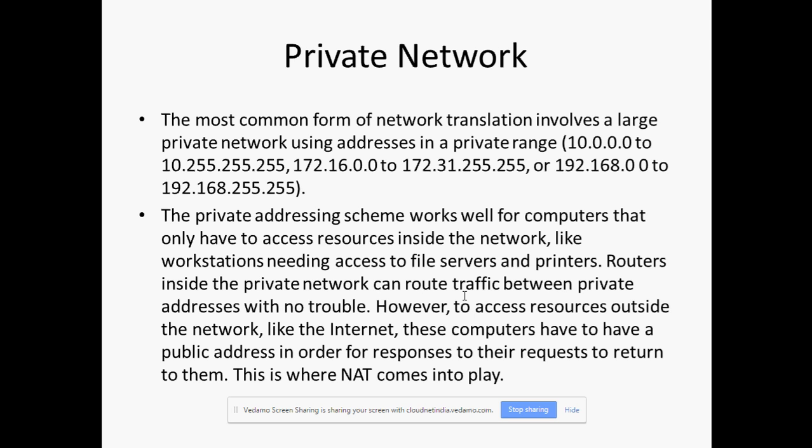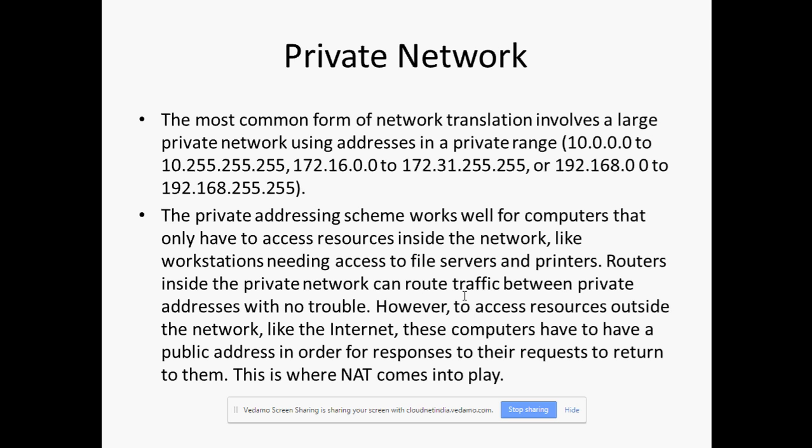The range starts from 192.168.0.0 to 192.168.255.255. So these are all private networks reserved for private communication purposes. It means if you have your own network, owned by your company or maybe yourself, then you can use these ranges of IP addresses and you don't require any registered or public IP address.